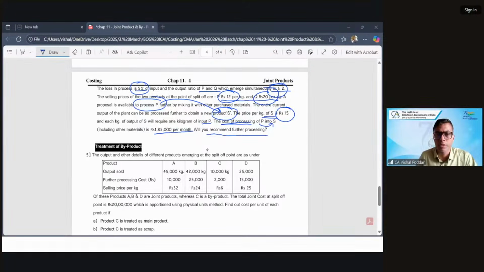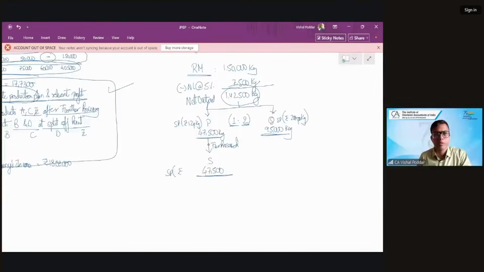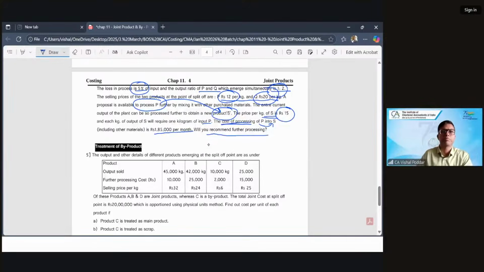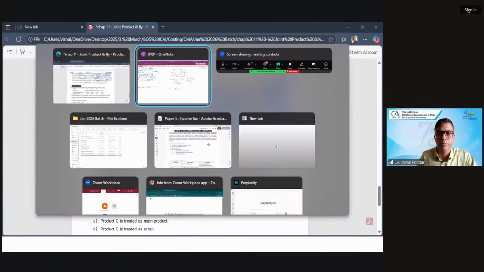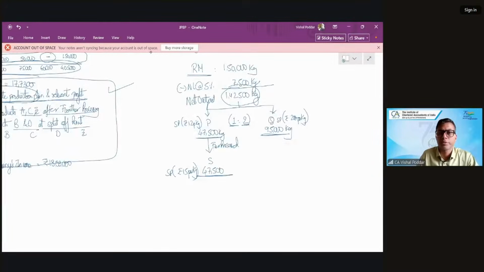This will be the production of P and Q. Same 47,500 for S, and the selling price of S will be 15 per kg. Correct, students? Okay, Shamli, okay, Riddhi, okay, Medha.